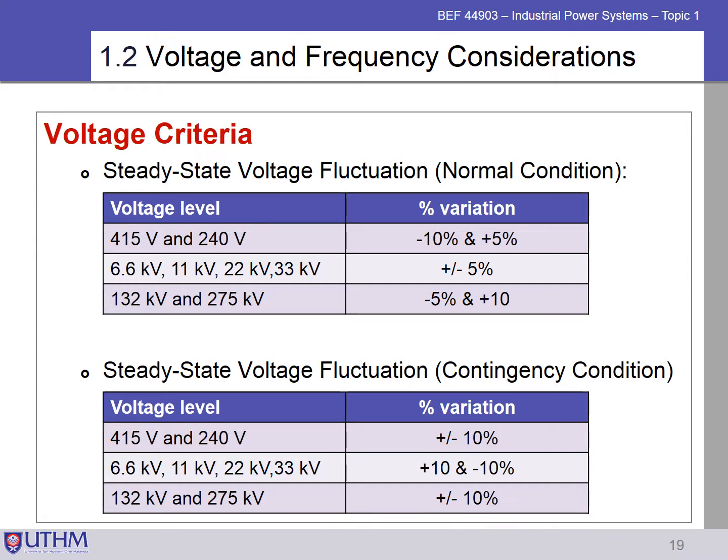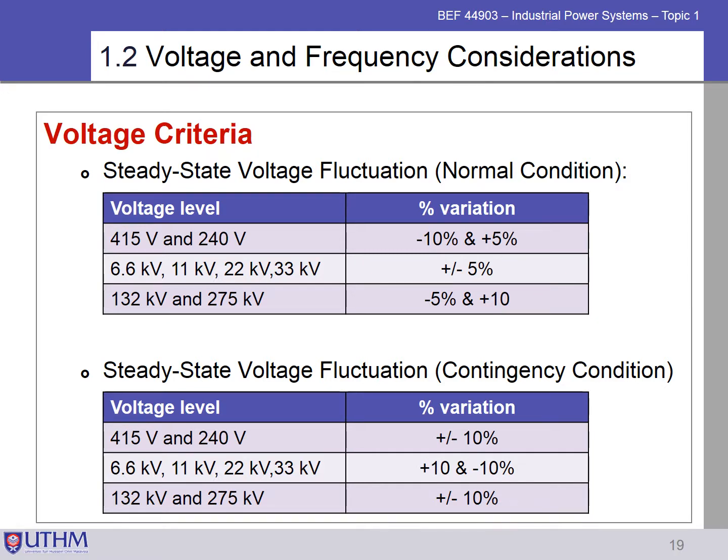Then for 6.6 kV, 11 kV, 22 kV and 33 kV, the percentage of variation is plus minus 5%. And then for 132 kV up to 275 kV, this one for transmission, the percentage of variation is negative 5% and plus 10%.